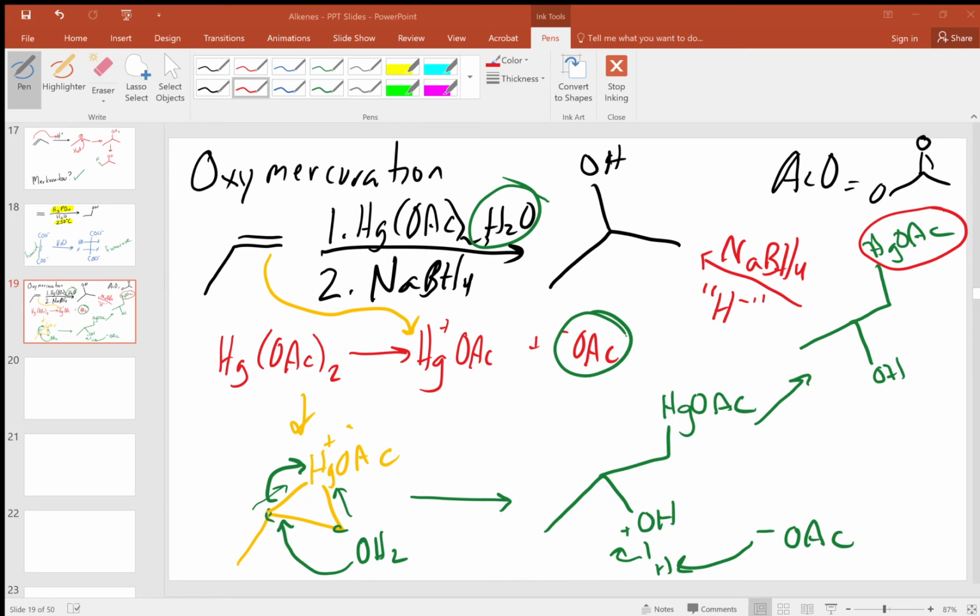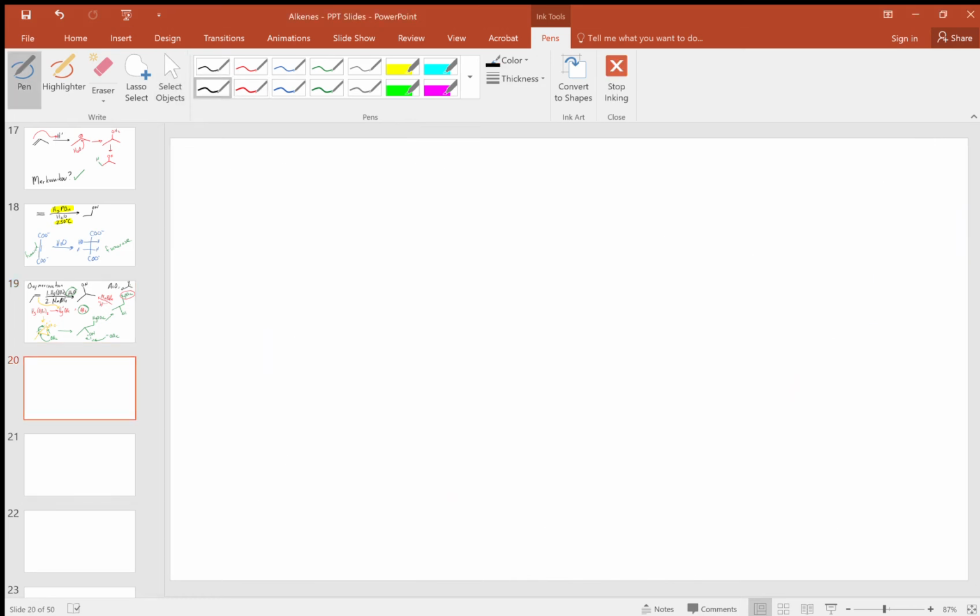Now, another thing that we can do with this oxymercuration reaction is instead of just making an alcohol, we could make an ether. And the way that we could do that is that instead of using water as in the reaction, we can use an alcohol instead.